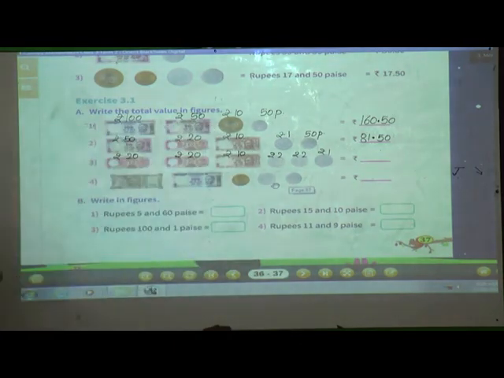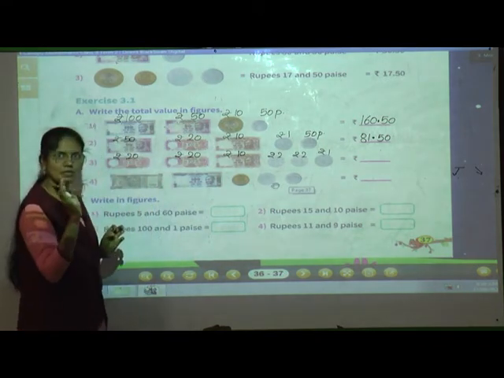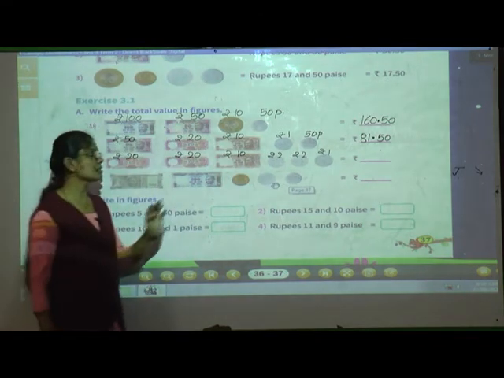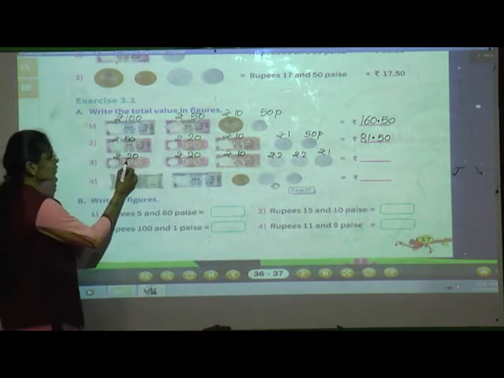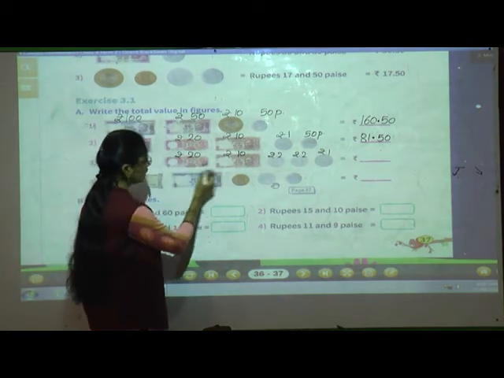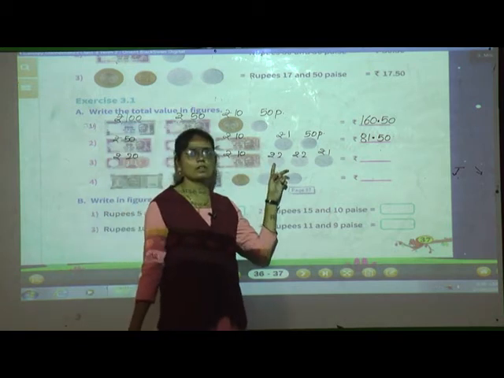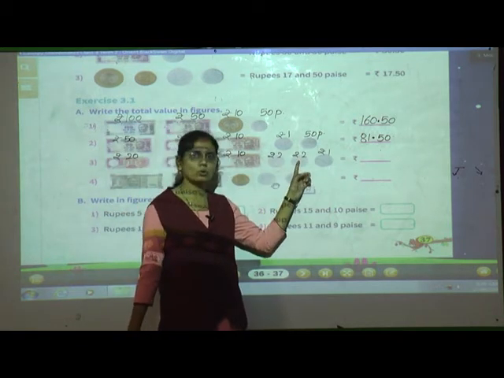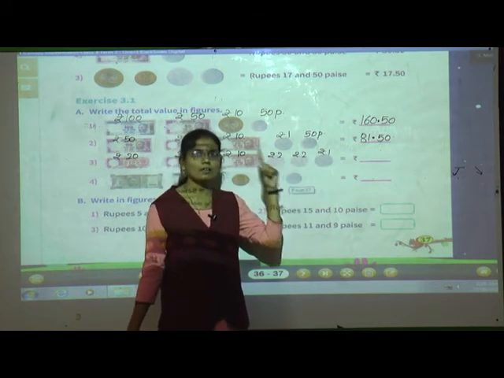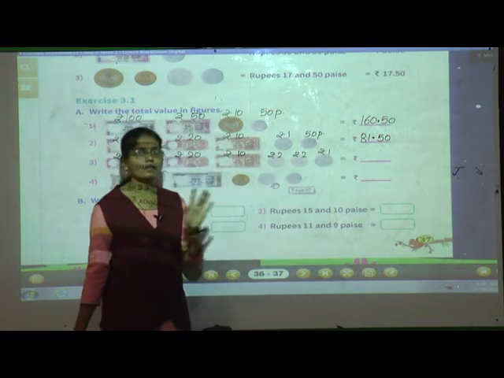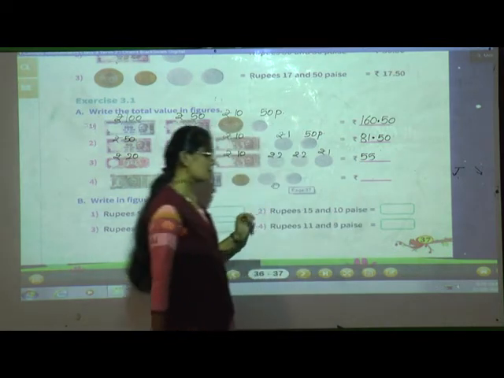Now if you see these numbers or currency, all are in rupees only. Here paise is not there, so we will add all the rupees. Now 20 plus 20, 40, 40 plus 10, 50, 50 plus 2, 52, again add 2, 54, and in that again you have to add 1 rupee. 54 plus 1, 55. So here you will write rupees 55.